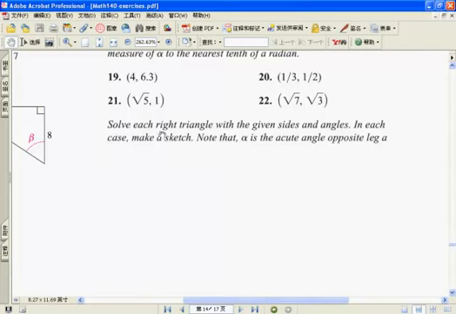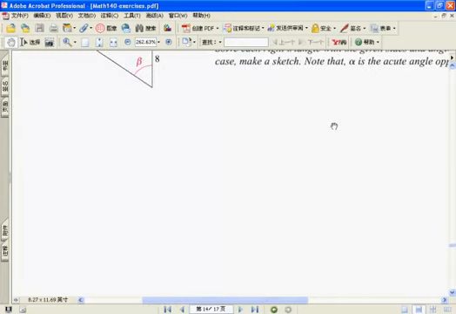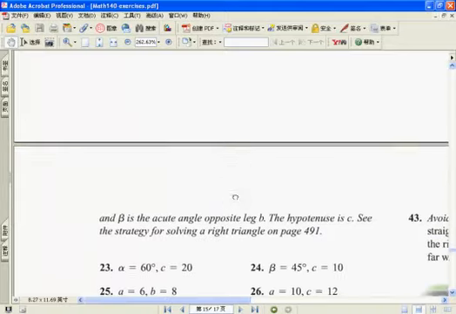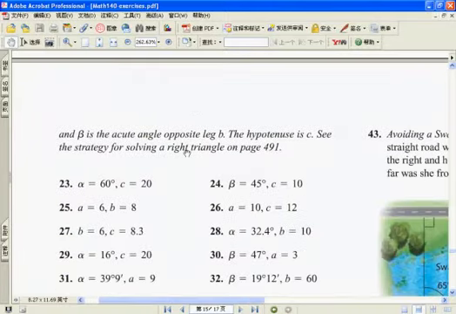We need to solve each right triangle with the given sides and angles. In each case, make a sketch and note that alpha is the acute angle opposite leg A, and beta is the acute angle opposite leg B. The hypotenuse is C. See the strategy for solving a right triangle on page 491.